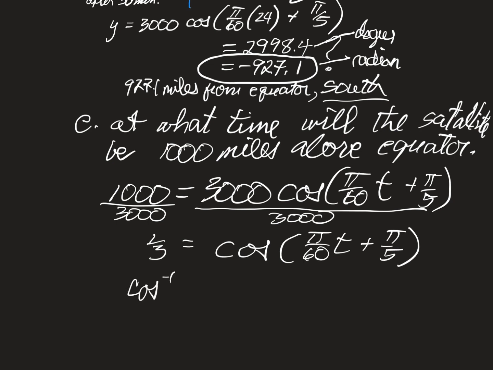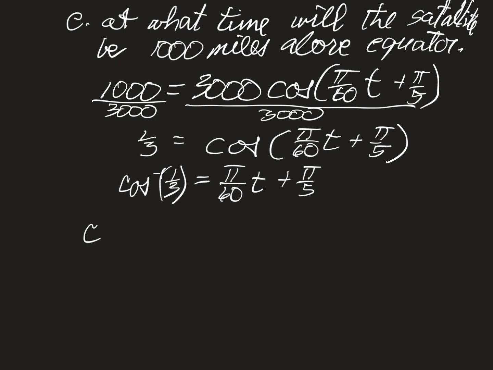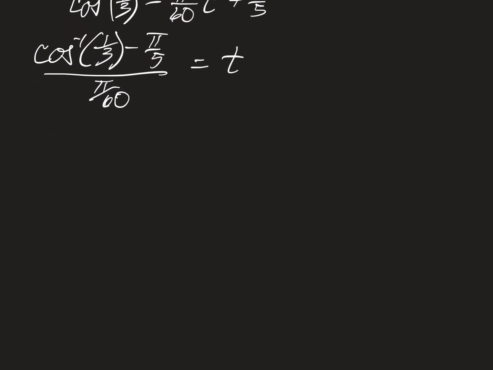So the inverse cosine of 1/3 is equal now to pi over 60t plus pi over 5. Then we subtract pi over 5, so the inverse cosine of 1/3 minus pi over 5. And then we'll divide by pi over 60. And that will equal t. And then we calculate that out on a calculator.